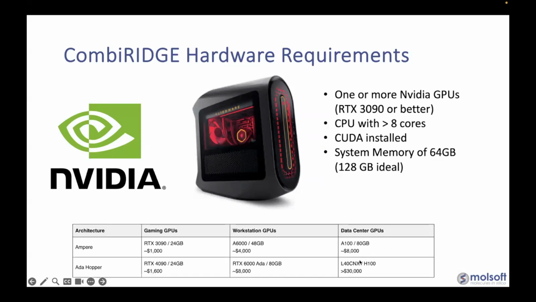If you have a data center, we support both Ampere and Ada NVIDIA architectures. Most of the benchmarks have been done on an RTX 4090 on a similar gaming machine to this.